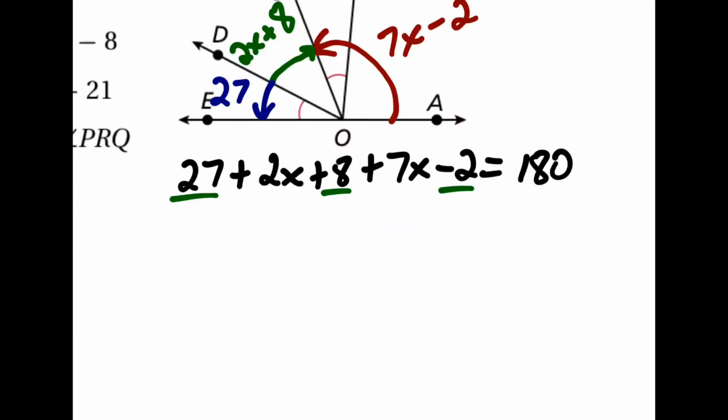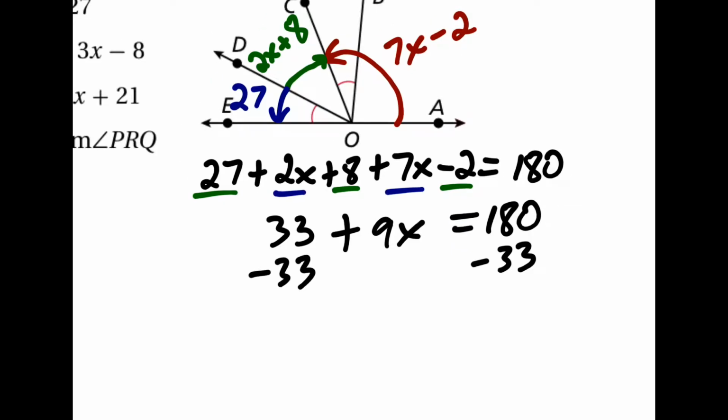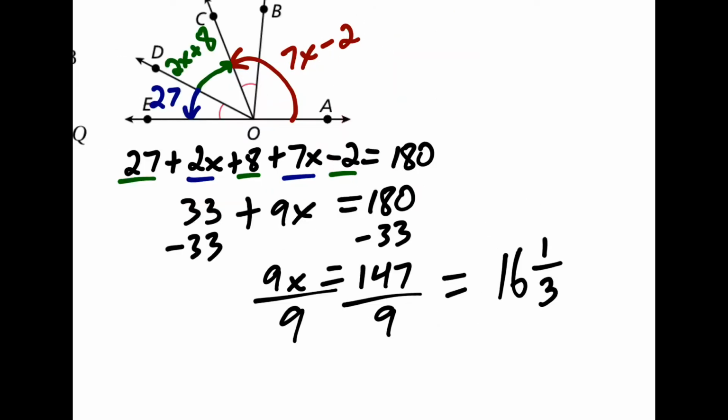I can combine my number terms and get 33. Combine my letter terms and get 9x. If I subtract 33 from both sides, 9x is equivalent to 147. If I simplify this, I get 16 1/3. There's no need to plug it back in because the question asks for the value of x.